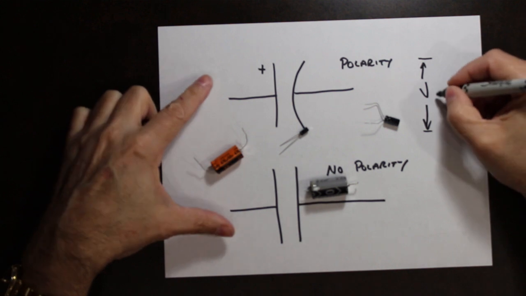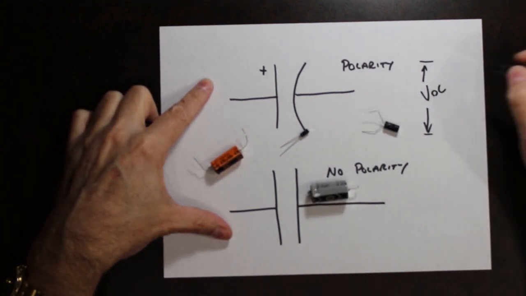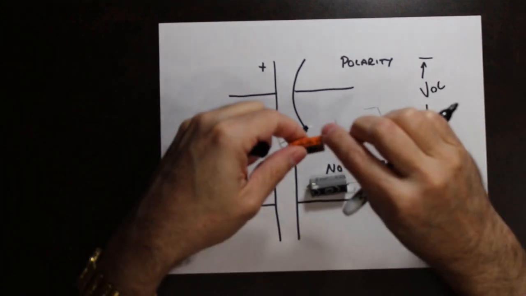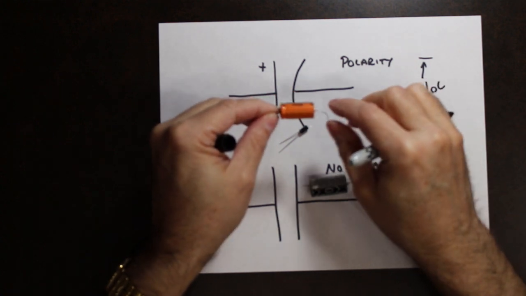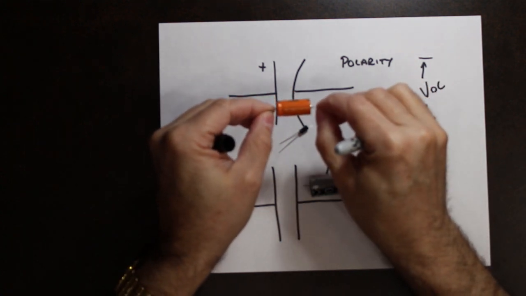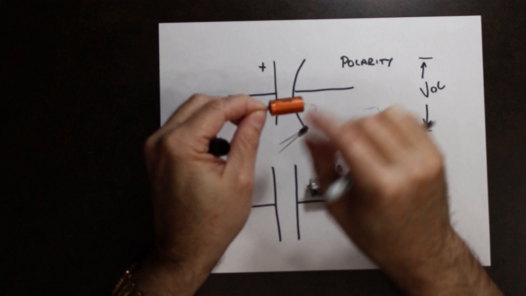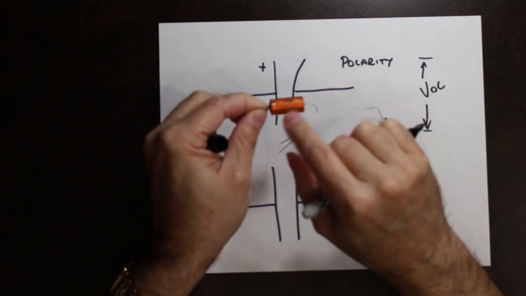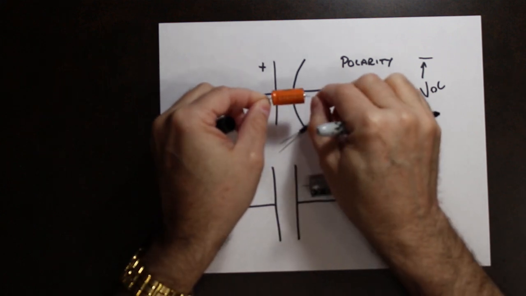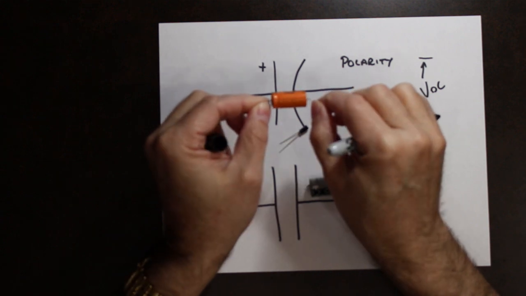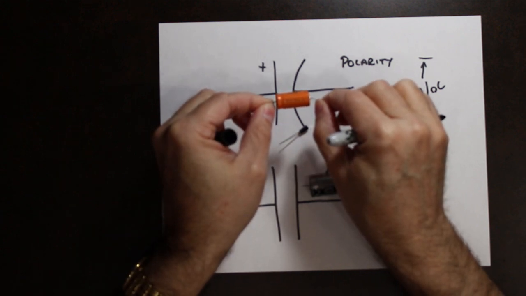It's typically a DC value. So from one end to the other end of the capacitor, how much voltage can I put across this capacitor? When I'm storing energy inside, what is the maximum value of voltage that I could put across this capacitor?